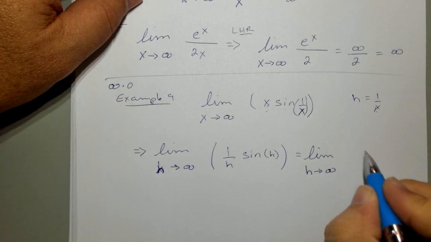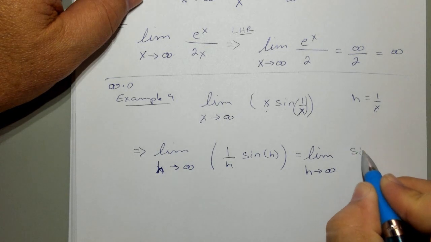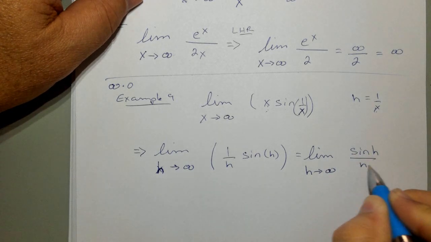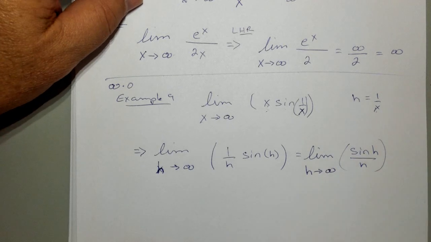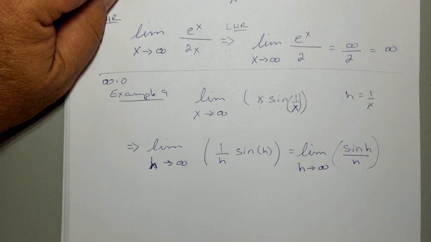As h approaches infinity, we have sine h over h. That's the same as sine x over x, which becomes what?